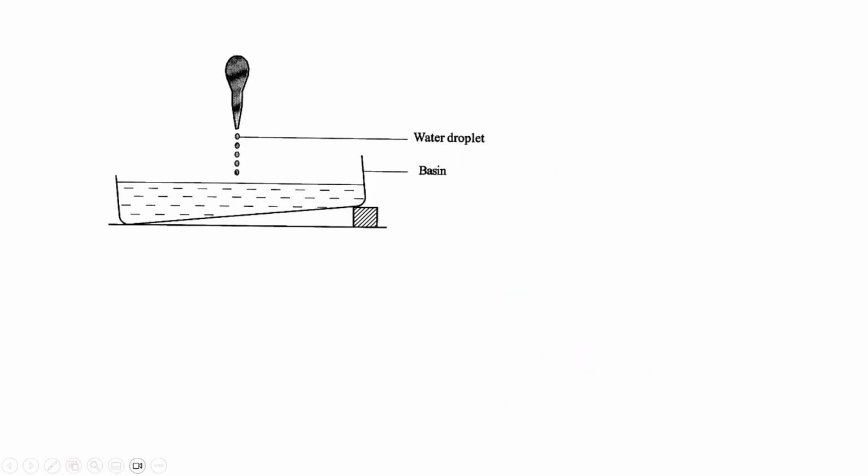Okay, next, we have another question. Let's say we have a basin, then we fill it with water, so we get a level like this, but the depths are not the same. So this is deep, and this is shallow. And we put in a water droplet. If a water droplet touches the water, it will produce a circular wave, like when you throw a stone inside a water pond, you will see a circular wave.